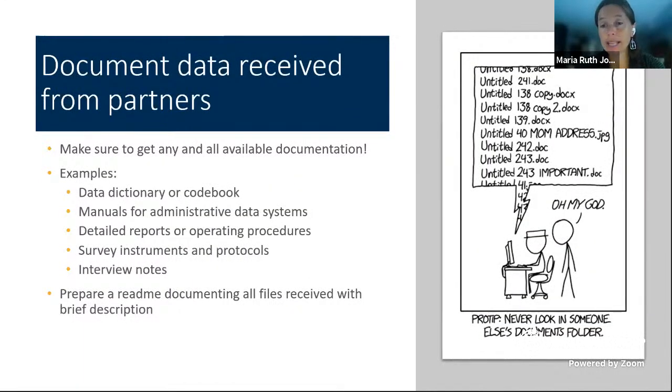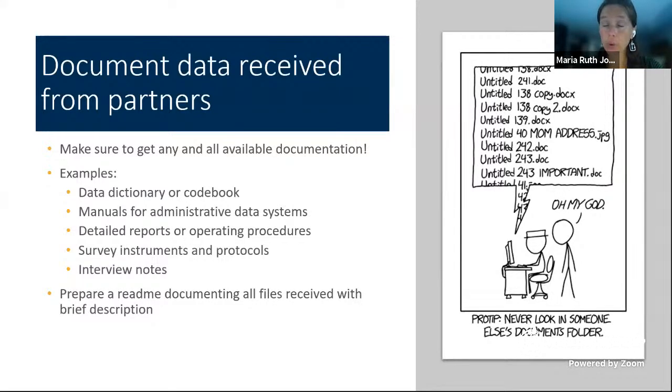Now, when you're acquiring data from research partners, it's really important to document everything that you can about that data. The examples of documentation you might want could include a data dictionary, manuals for how the administrative data system operates, reports or procedures for how the data was generated or collected, survey instruments and protocols if those apply, interview notes, basically any data that you don't collect yourself, you want to know as much as possible about from the data provider.